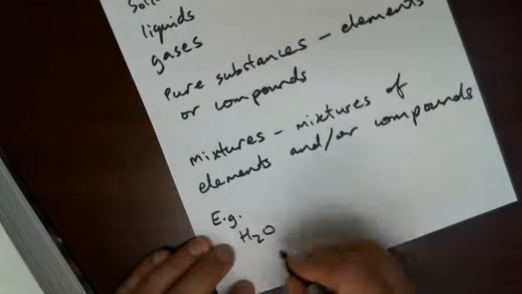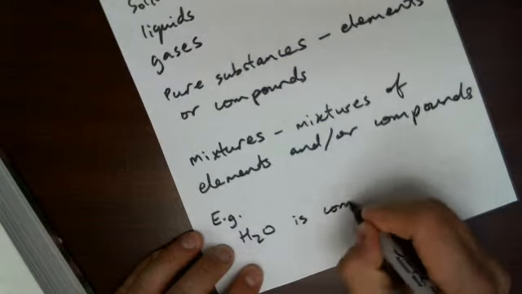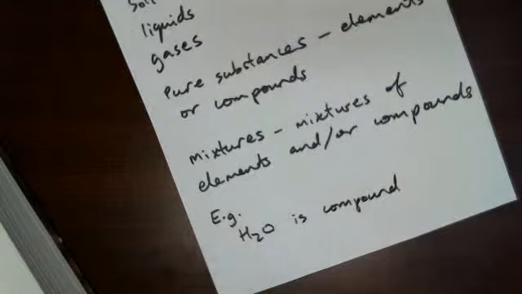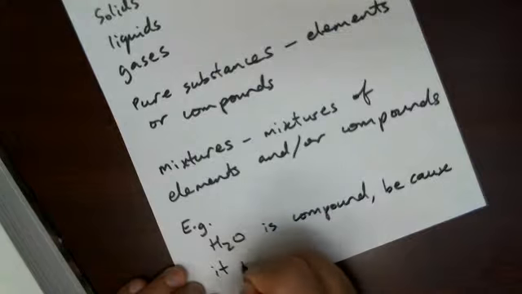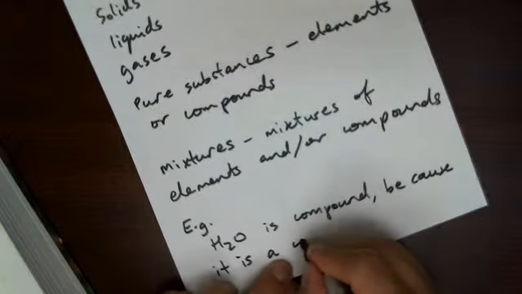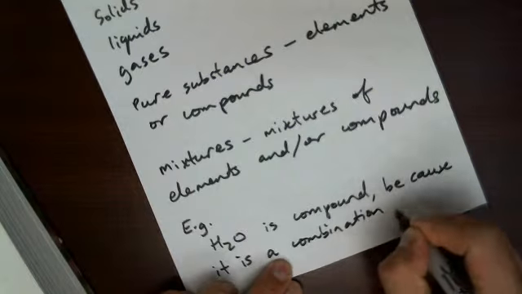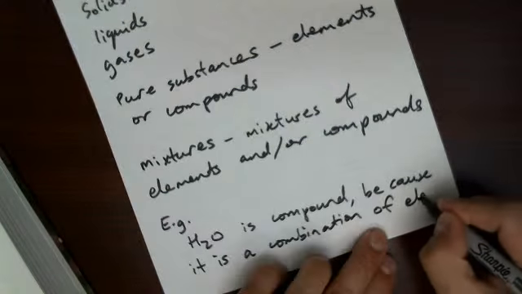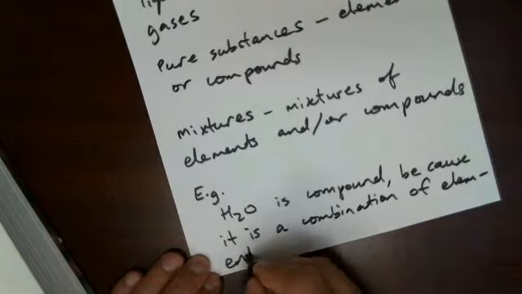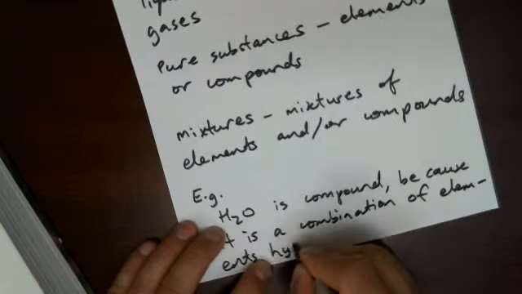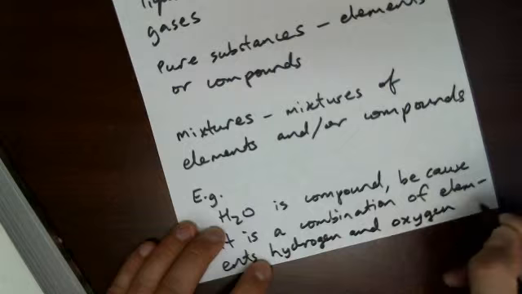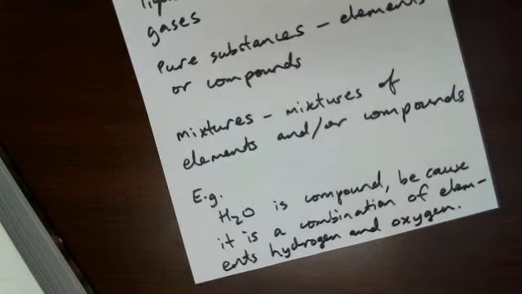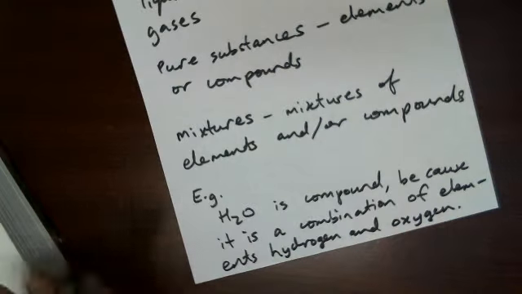So H2O is a compound because it is a combination of elements, hydrogen and oxygen. So hydrogen being an element, oxygen being an element. So elements are basic building blocks.